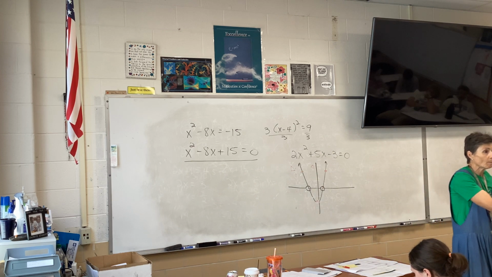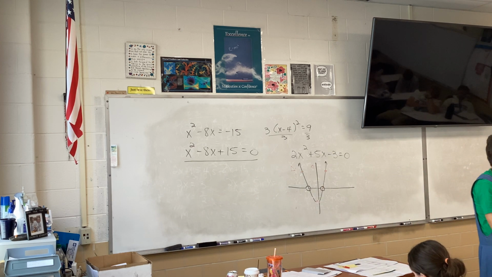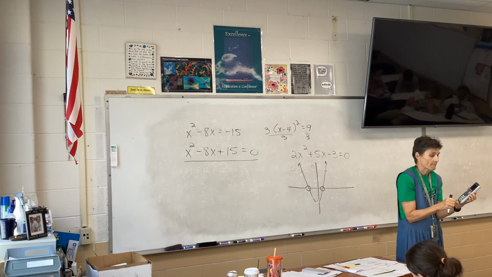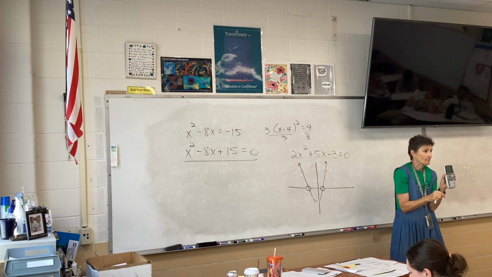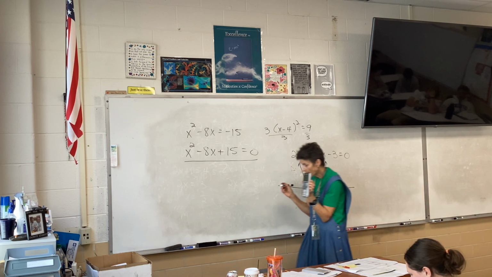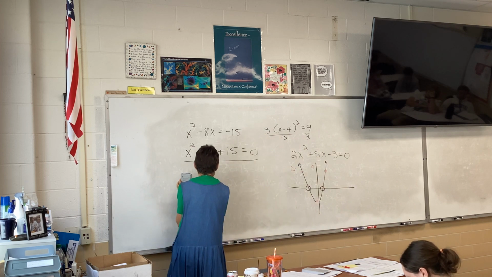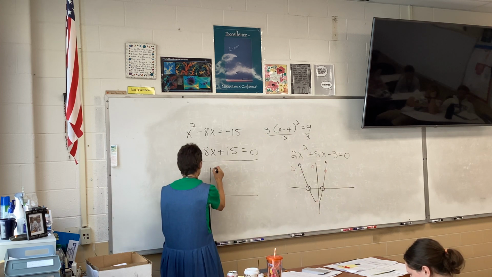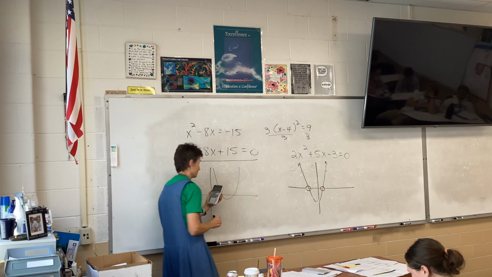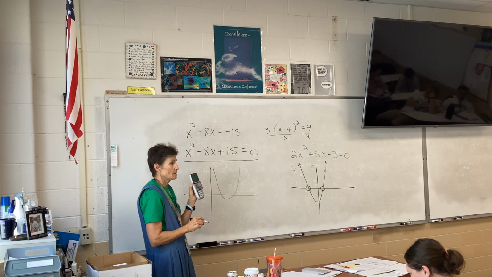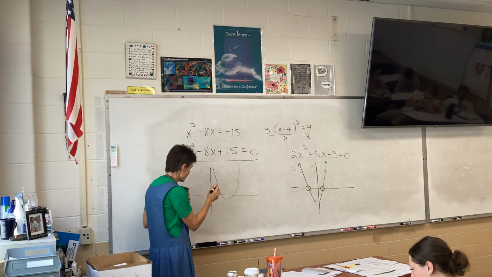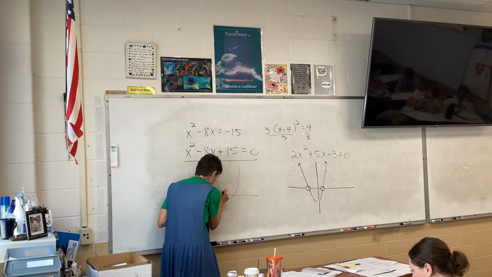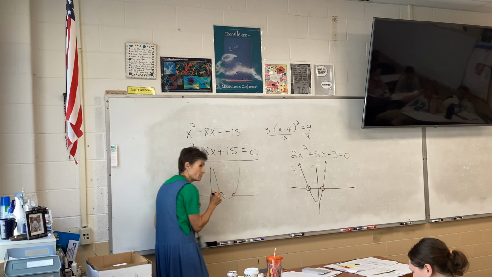Graph is in the top row buttons, clear at the very end, graph. Did we get another parabola? Yep. We did. This one looks like this. Now, the answers to the question are going to be this point and this point right here.